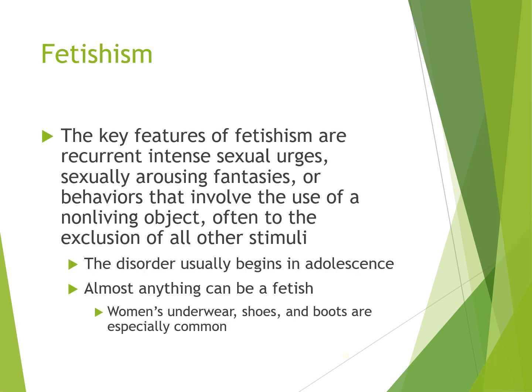One of the main paraphilias is fetishism, and basically fetishism is whereby an individual has intense sexual urges or sexually arousing fantasies that involve the use of a non-living object. For example, someone has a sexual urge for someone's underwear, or a woman's underwear. Someone has a sexual urge for someone's shoe, or someone's boots, a key holder, just basically an object. That's what we call fetishism.